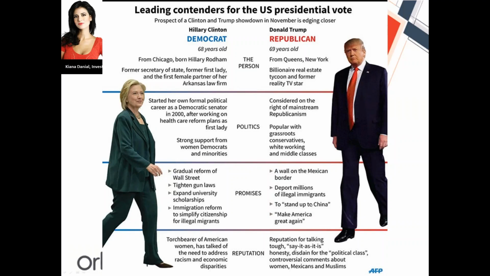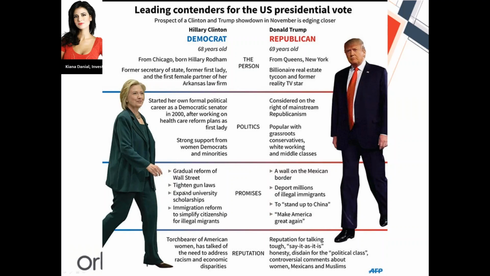And so what are they promising? Well, so far, this is a little bit older, about 2 weeks old. Donald Trump has changed his policies a little bit, but Hillary has been promising a gradual reform of Wall Street.